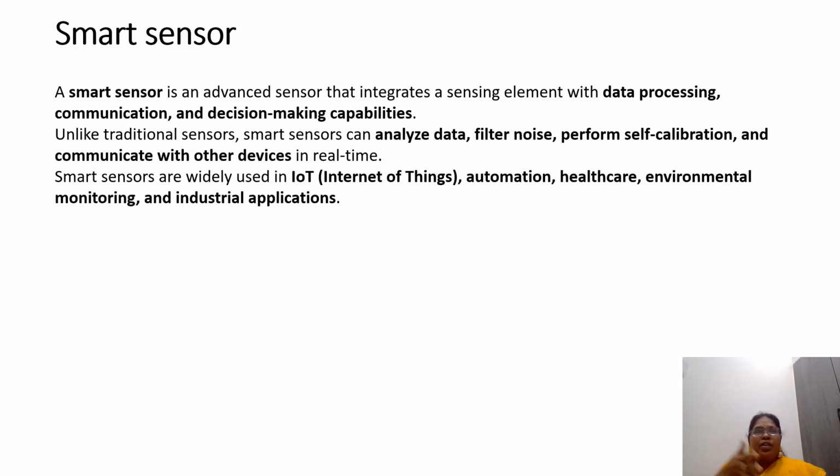In home automation, all the automation things have these smart sensors. Everything is smart nowadays. These smart sensors are used in automation, healthcare, environmental monitoring, and industrial applications. Nowadays, they play a major role in all these areas.